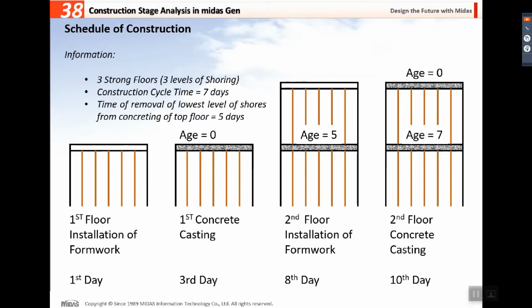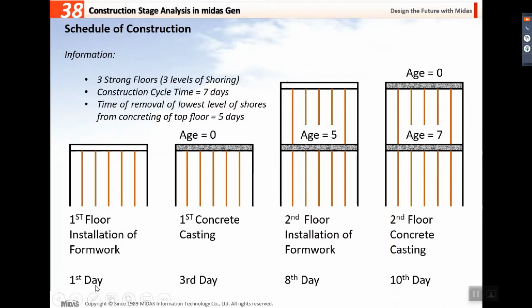For the schedule of construction, the basic information that we have here is the 3 strong floors. What are these 3 strong floors? There will be 3 levels of shoring. The construction cycle time is 7 days. And the time of removal of the lowest level of shores from concreting of the top floor is 5 days.